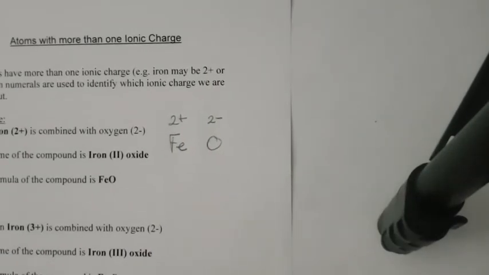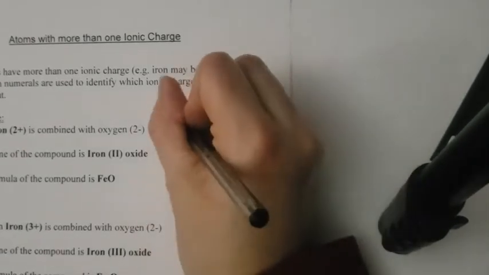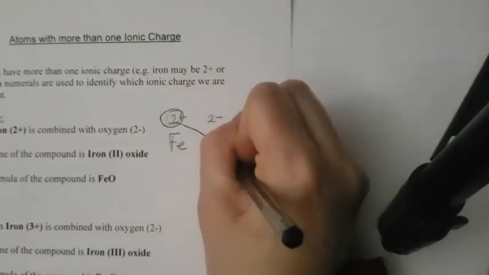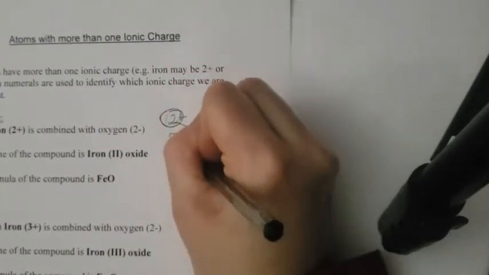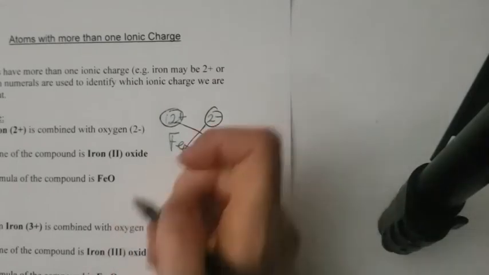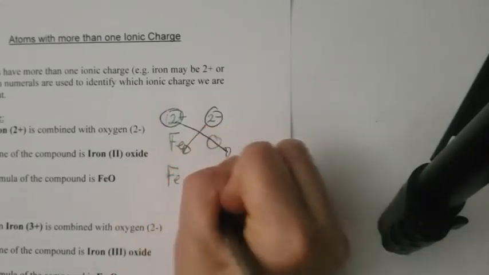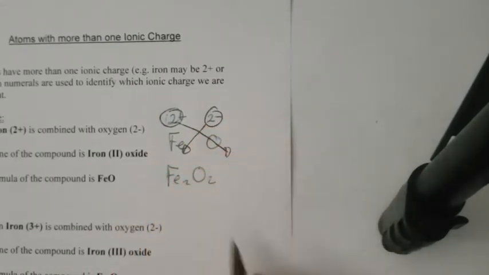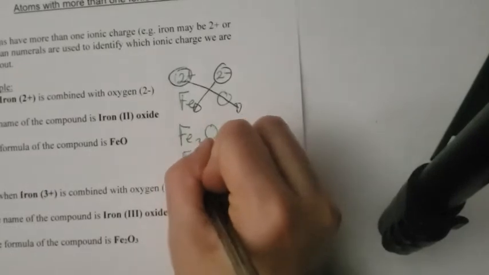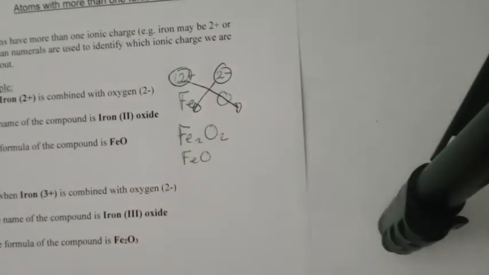Then what I do is that crisscross thing. This 2 comes down here, this 2 comes down here, and I end up with Fe2O2. Now, we can actually divide 2 out of both of these, and you end up with FeO.